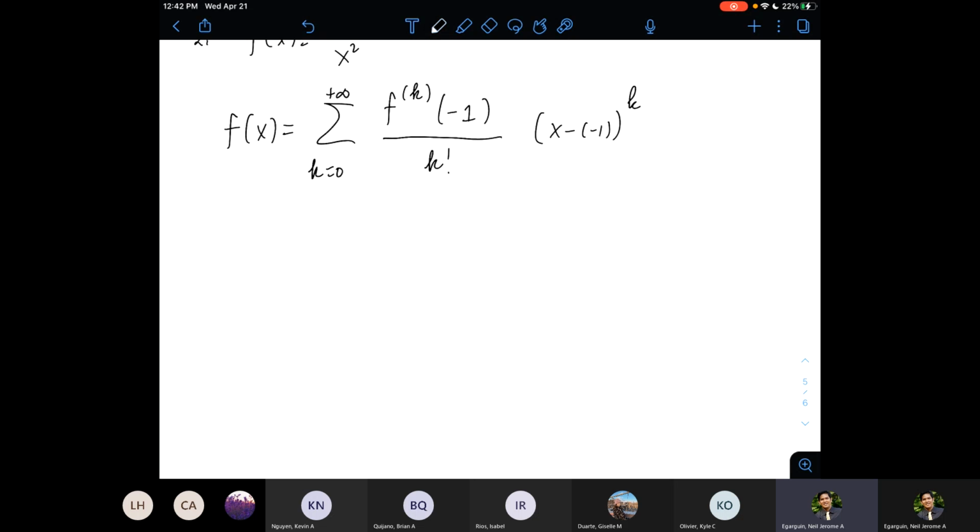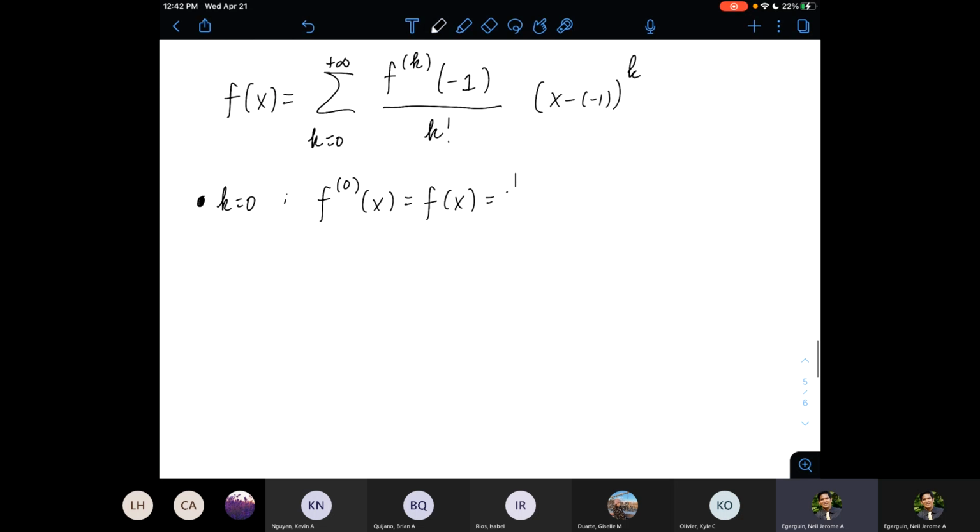So let's try that. Let's start with k equals 0. When k equals 0, we get f upper 0 of x, but this is just f of x. So this is 1 over x squared. So this means f upper 0 evaluated at -1 will just be equal to 1, right? Now when k is equal to 1, we'll have f upper 1 of x, which is just the derivative of this guy.